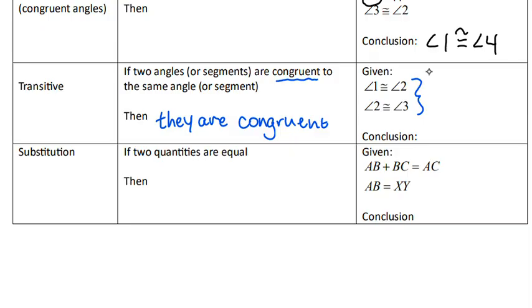So in this example, I know that 1 is congruent to 2, I know that 2 is congruent to 3, so my conclusion is that 1 has to be congruent to 3. 1 and 2 are the same size, 2 and 3 are the same size, so 1 and 3 are the same size as well.